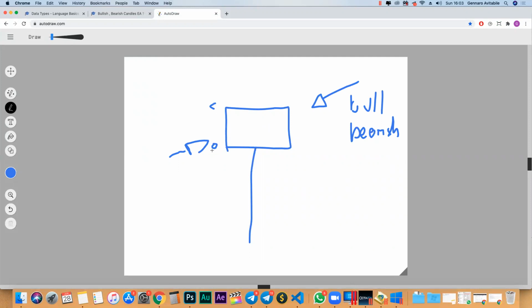If it's a bullish candle, the open is here and the close is here. But if it was a bearish candle, the close was here and the open was here. So we're going to need this data. Let's first understand this.